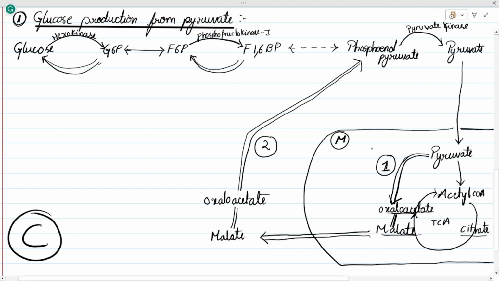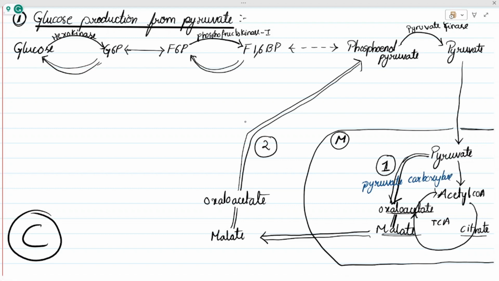Okay. Coming to the enzymes required in the irreversible reactions, the conversion of pyruvate to oxaloacetate occurs in presence of pyruvate carboxylase. And the second reaction occurs in the presence of phosphoenol pyruvate carboxykinase.